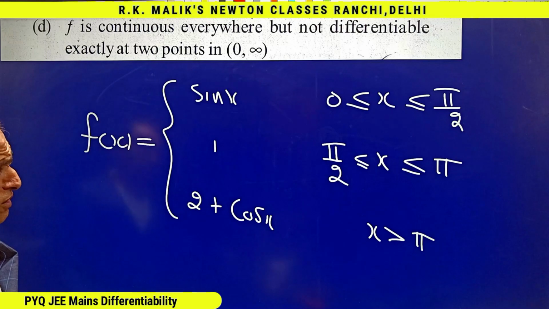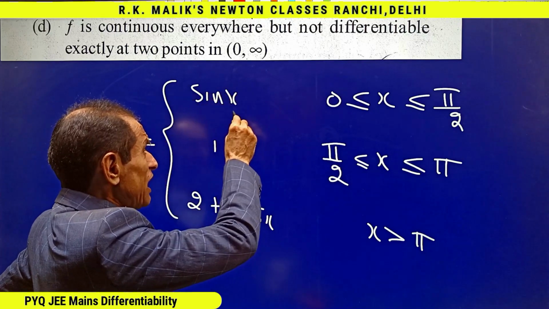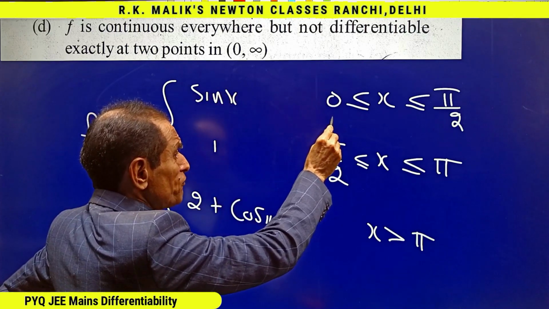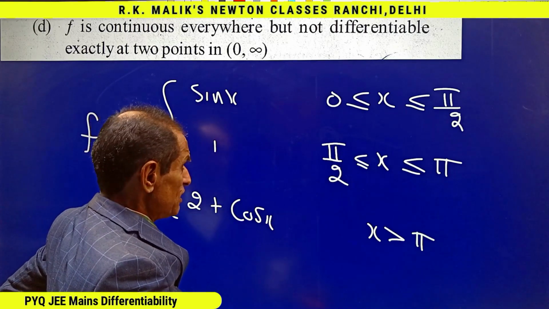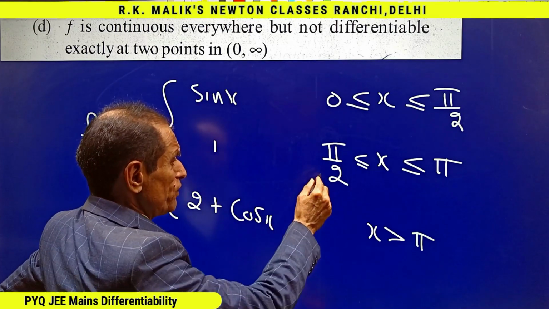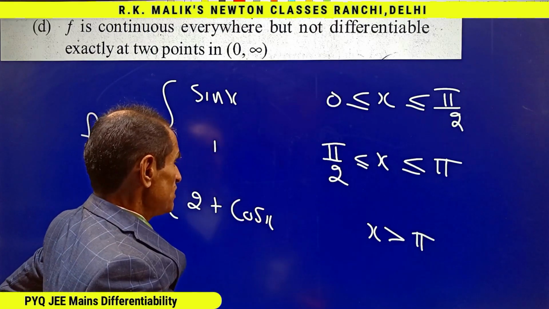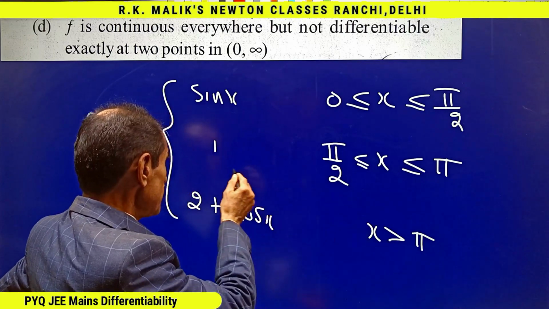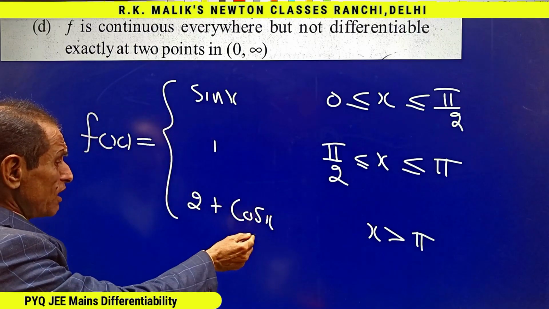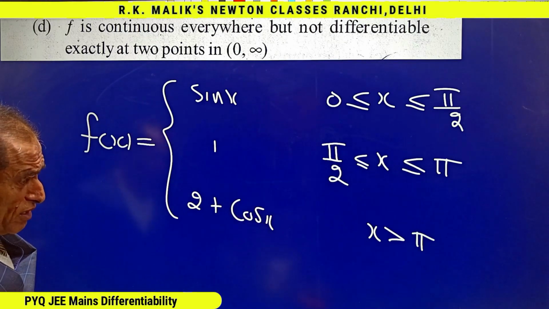And now to discuss the points of non-differentiability, it is clear that because sin x is always differentiable, between 0 and pi by 2, sin x is clearly differentiable. Between pi by 2 and pi, it is a constant function, hence differentiable. For x more than pi, again because cos x is always differentiable, 2 plus cos x is always differentiable.